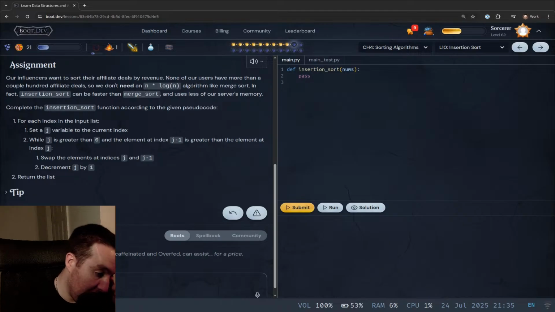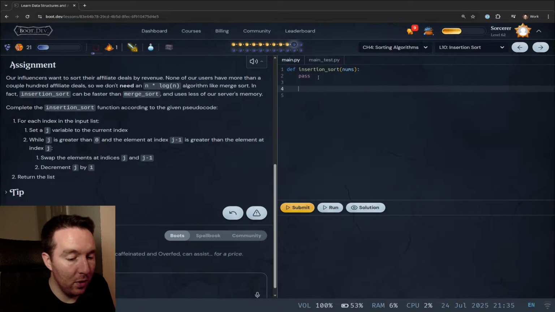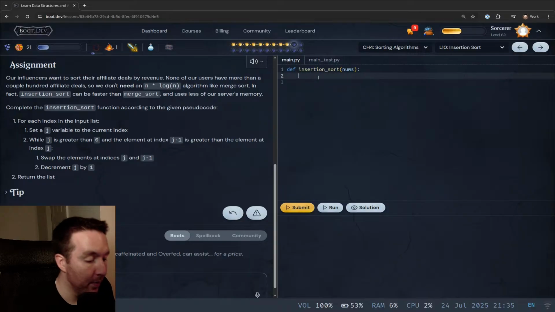So for each index in the input list, set a j variable to the current index. So for each index in the input list, so j equals the current index. So I don't even need that.